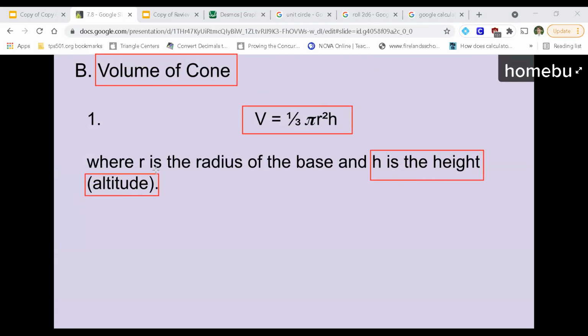It is its altitude. It's how tall the cone is. It is not the slant height, right? It's h, not L. Those are different values.